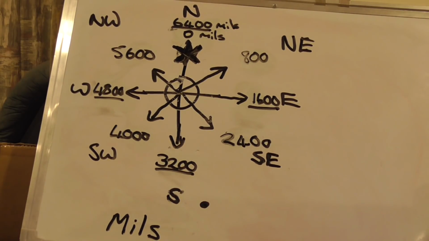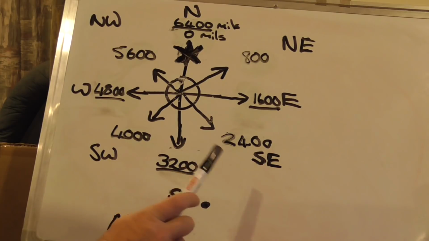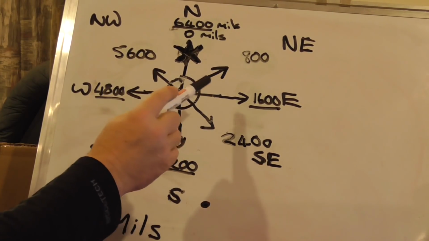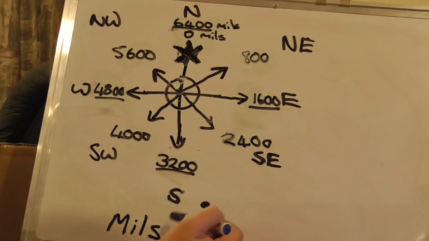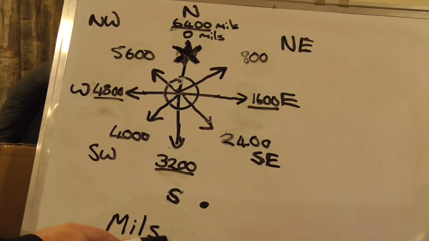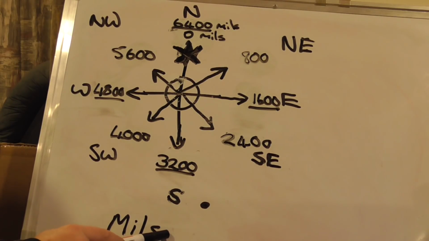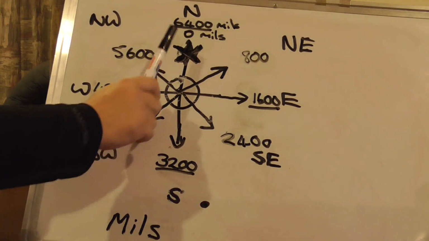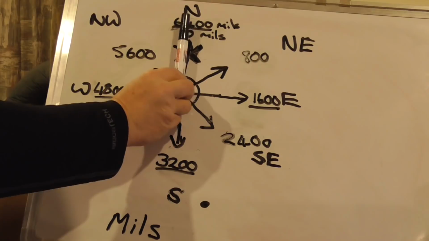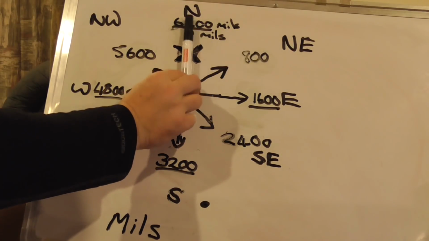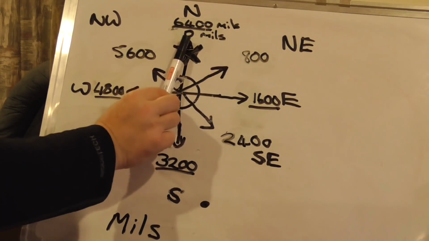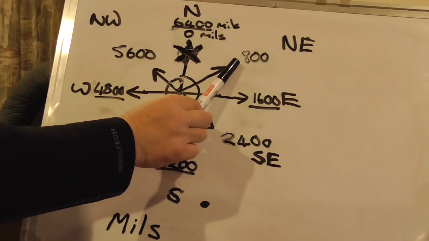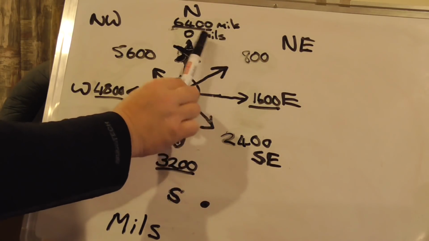Now, just real quickly, I know it doesn't have anything to do with north as such, but why do we use mils? Some militaries use mils, some use degrees. Mils is just seen as more accurate. You've got a lot more numbers in between, say, 0 and 800 here than you would with 0 to 45 degrees when we're talking about degrees.